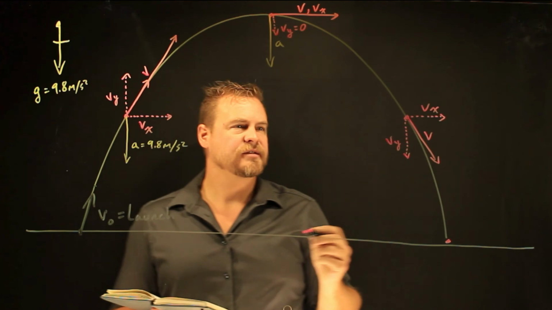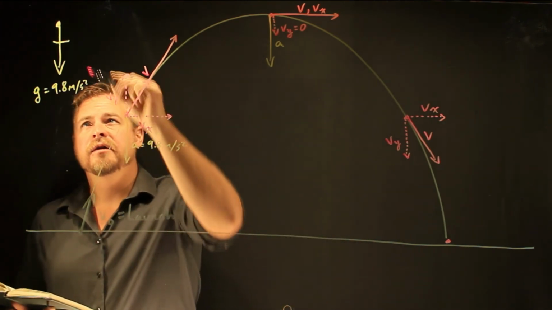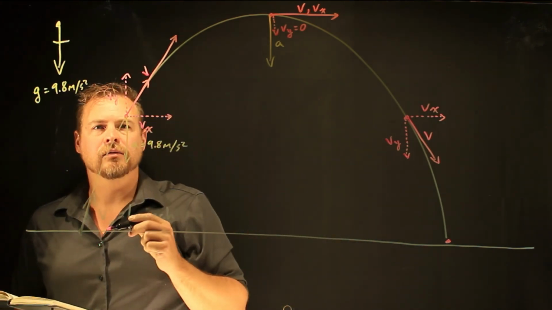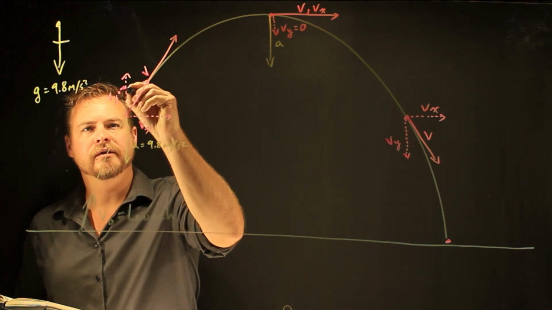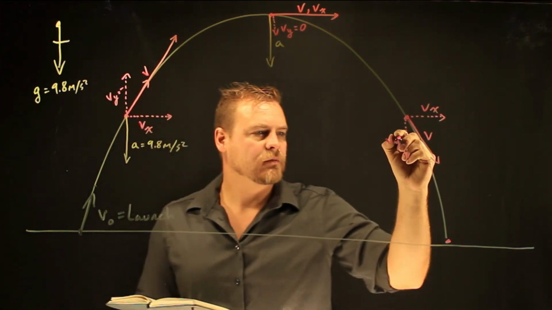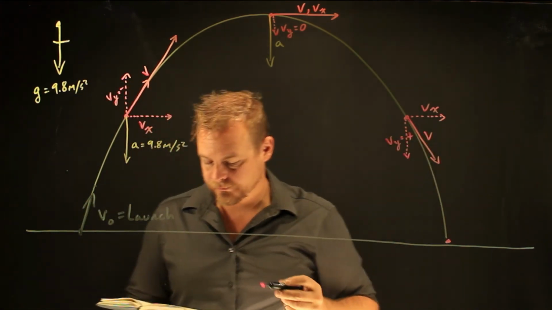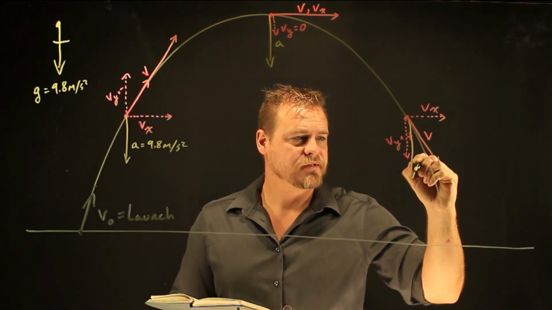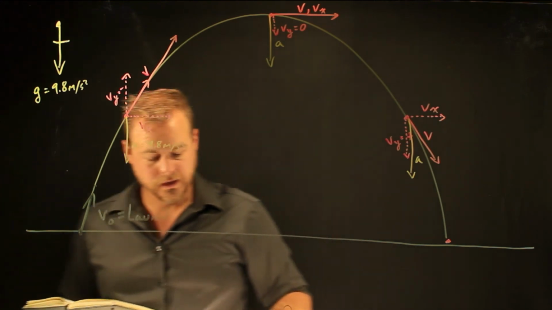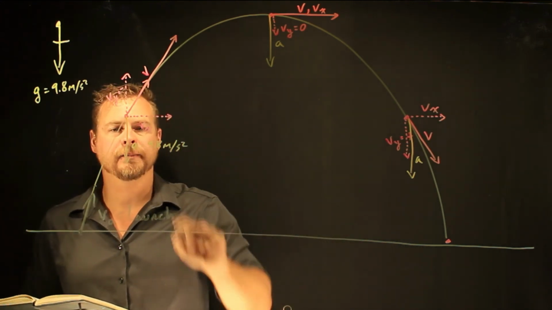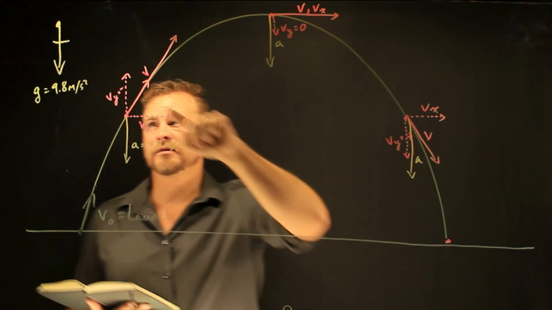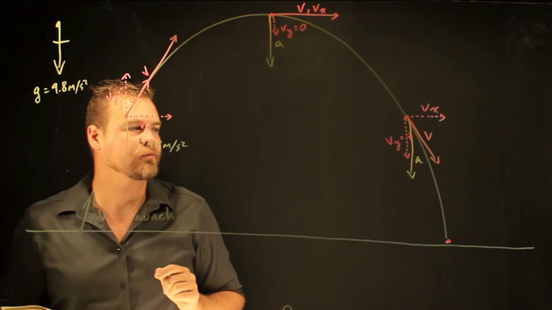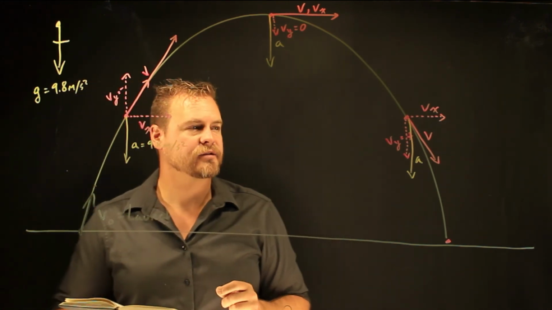Now, some of the signs that you need to think about: because my reference point is going down, v sub y over here is going to be negative, and v sub y over here is going to be positive. Acceleration is also down, and the whole time acceleration is matching my reference point in this particular situation, so they're all going to be positive.